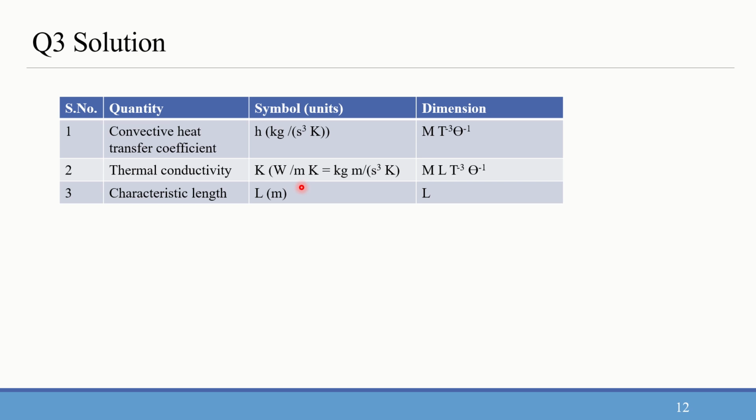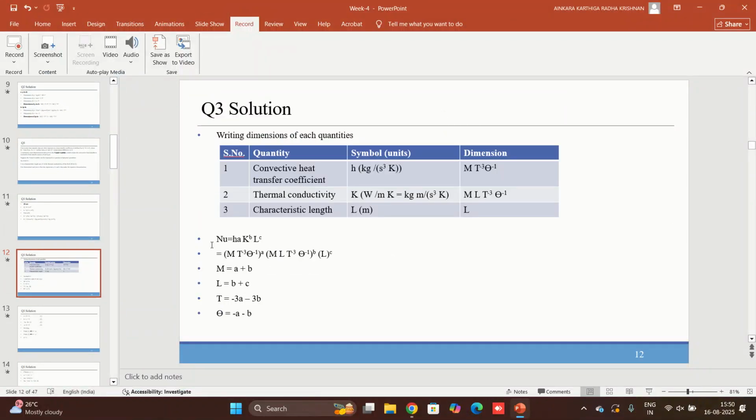And what are the exponents a, b, c such that the Nusselt number becomes dimensionless? That was the question. So the Nusselt number's dimension is 0; it does not have any dimension. Keeping that in mind, we wrote the dimensions of each quantity. It is h power a.